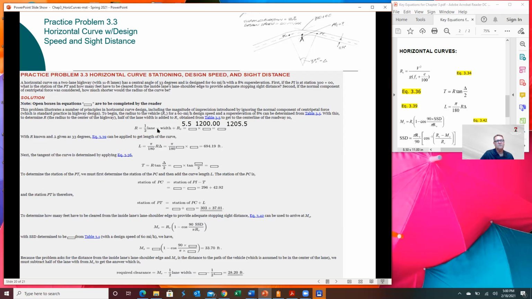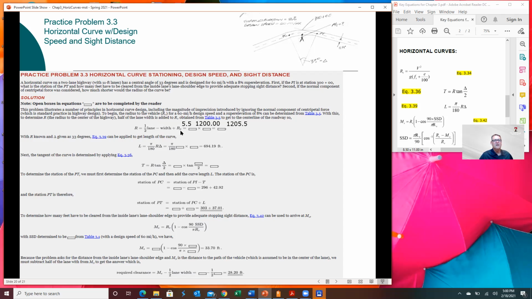So you take 1/2 times the lane width, which they said is 11 foot. So that's 5.5. And then it shows a multiplication sign here and it should be a plus. So 5.5 plus 1200 equals 1205.5, which is the value of R.